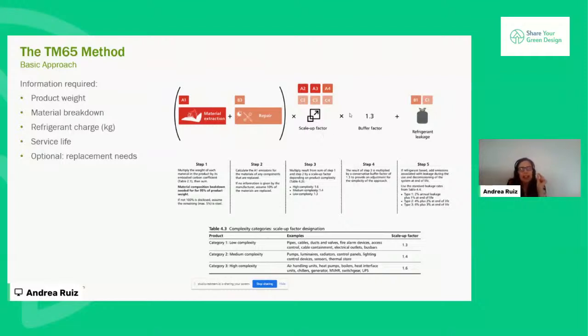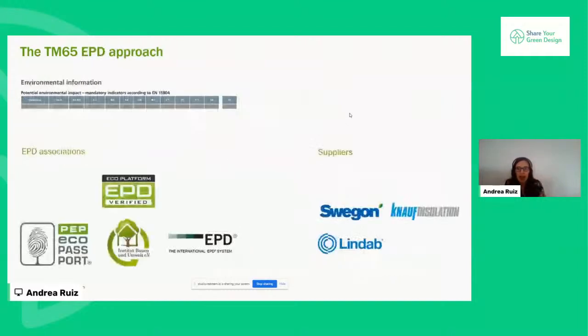Now, there is an even better approach if we have a connection with the supplier, or if we research online how to find this. This is the EPD approach. It's a standard that has been around for a while, and an EPD is an environmental product declaration.